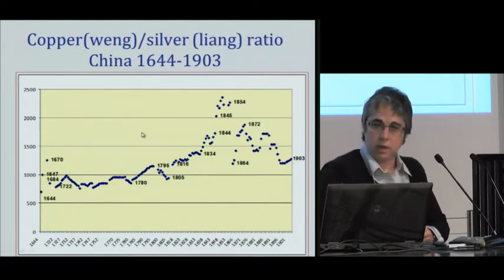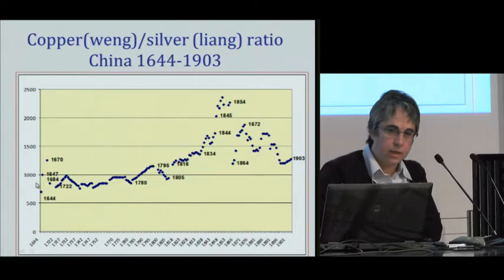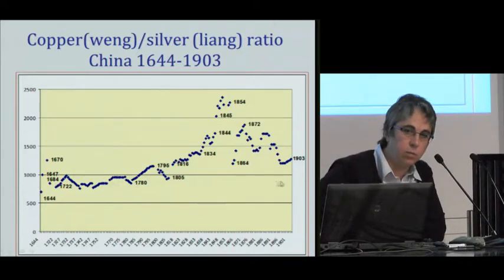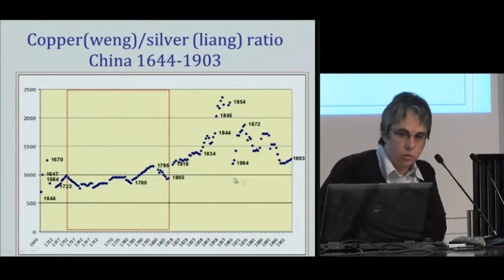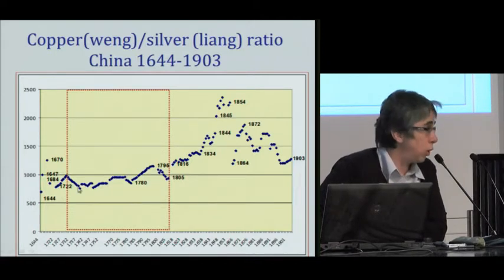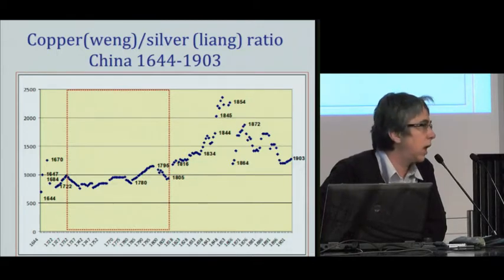That is the customary rate, 1,000 yuan per silver tael. It's interesting that throughout the 18th century, the exchange rate was below par, steadily around 800.